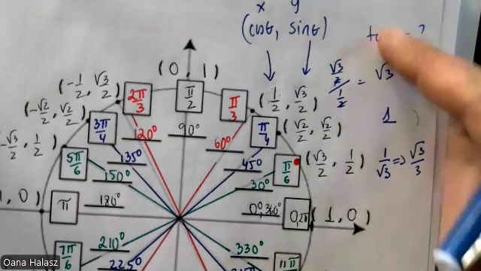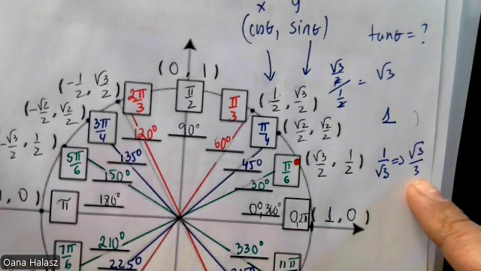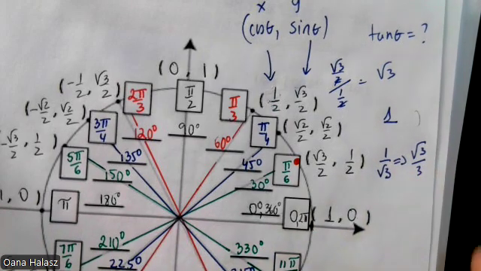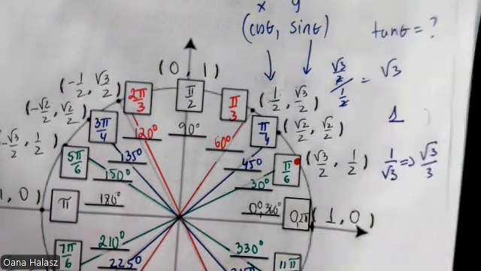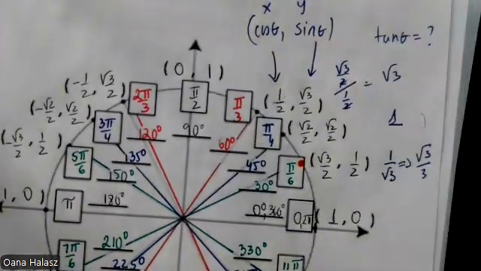Okay, so these ones can be memorized as well, or can be always calculated with the values you have on the unit circle at any point in time. And you got to remember that here we have undefined.